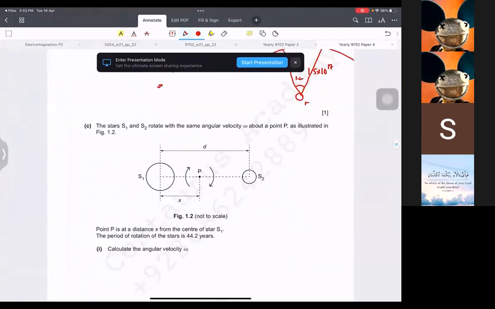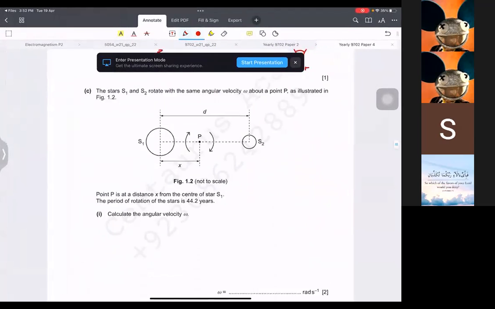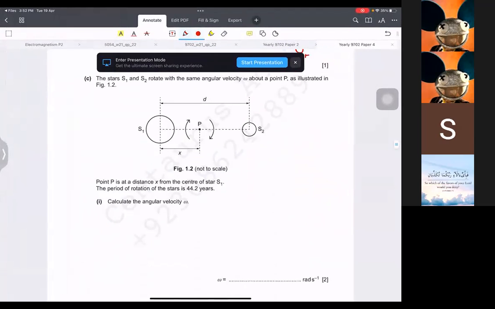Okay, then it says that the stars rotate with the same angular speed about point P. P is at distance x from the center of S1, and the period of rotation is 42.2 years. Calculate the angular velocity.